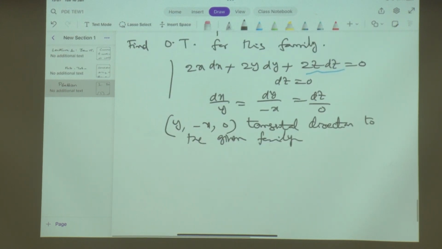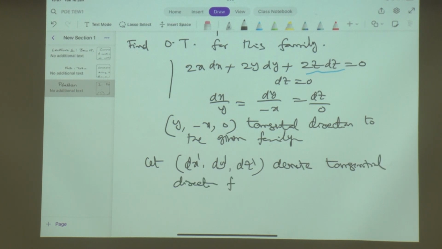Now we are thinking about the other one, the orthogonal family. What should that be? Once again we use the same notation. dx dash, dy dash, dz dash denote the tangential direction for the orthogonal family. Then what you have is y dx dash minus x dy dash equal to 0.